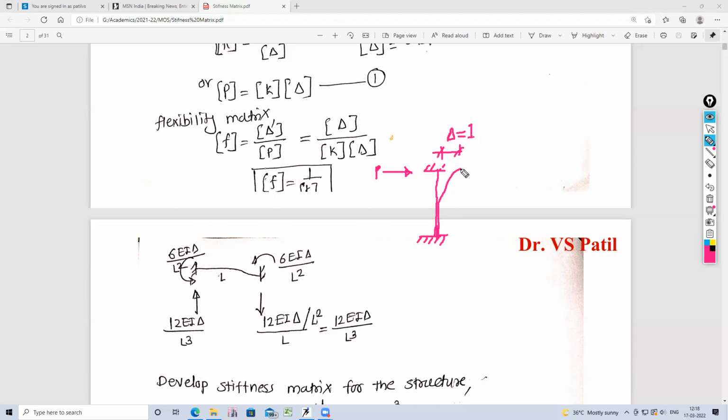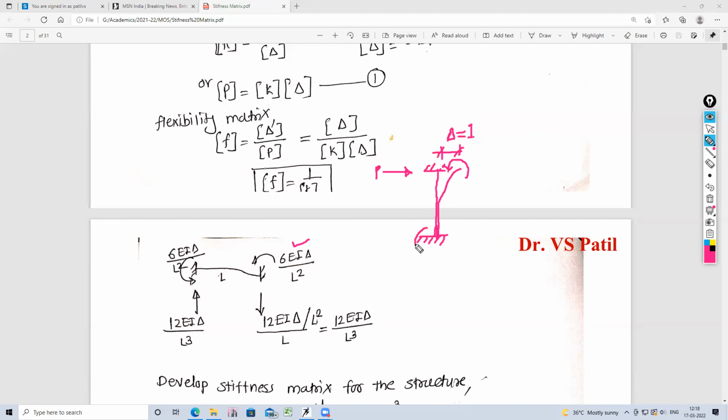Whenever there is a displacement, a level difference between the two supports, the moment produced is called a sinking moment. Here, at the lower end, the moment produced will always be sagging in nature, and this value will be equal to 6 EI delta upon L square, and it is anti-clockwise.